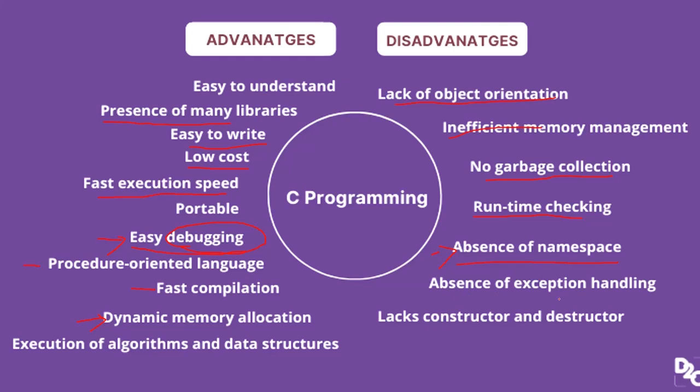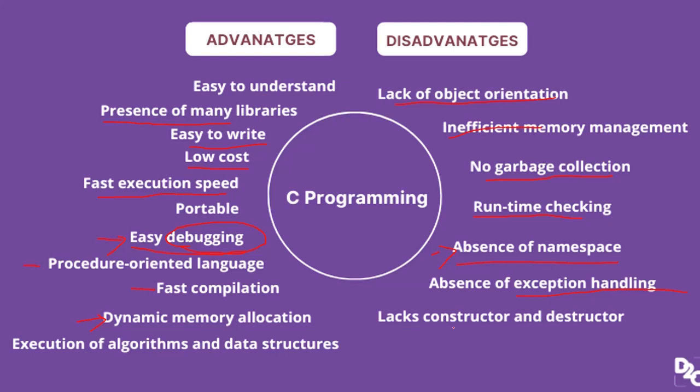As we discussed, debugging or exception handling. It has no ability to handle exceptions. For example, when 1 is divided by 0, it has no meaning. It is the finest example you can know. This is the absence of exception handling.